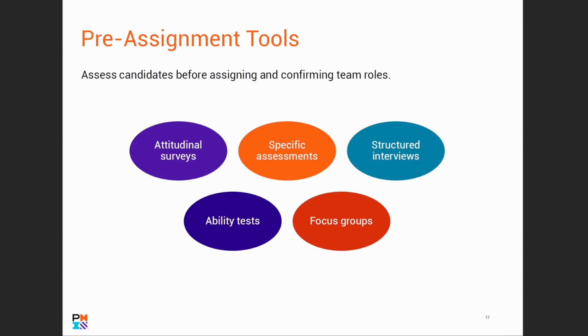So you're going to have pre-assignment tools at your disposal that you can use to assess the candidate before assigning and confirming team roles. These are, for instance, attitudinal surveys, specific assessments, structured interviews, ability tests, focus groups.